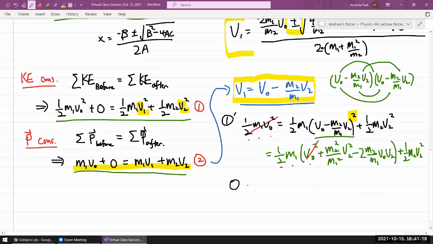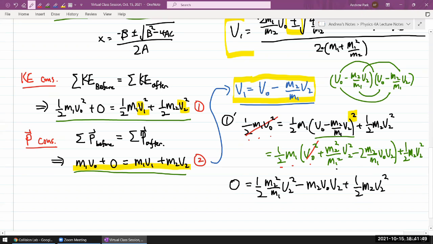I have 0 is equal to 1/2 m1 times this term here, so that'll be 1/2 m2 squared over m1 v2 squared, minus, I have 2 times, so 1/2 cancel, m1 cancel, so I have a minus m2 times v naught v2, plus 1/2 m2 v2 squared.